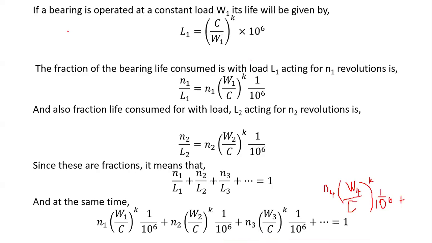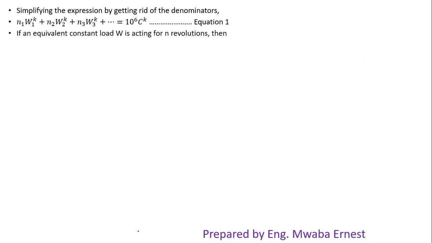You can see here there is this 10 power 6, and at the same time, you can also see C, 10 power 6 and C. So 10 power 6 and C, if I multiply through by those, I'll just remain with N1 W1 power K plus N2 W2 power K plus N3 W3 power K, just like that, N4 W4 power K, and it continues.